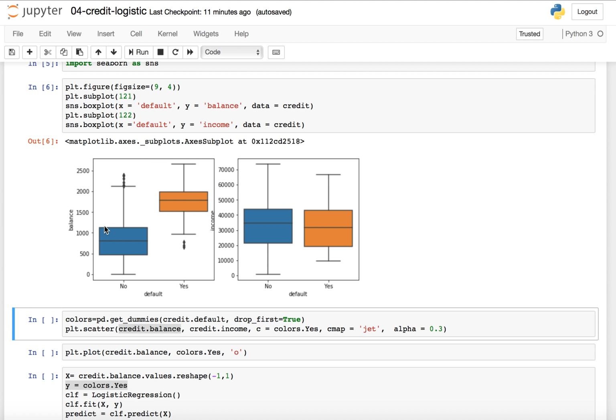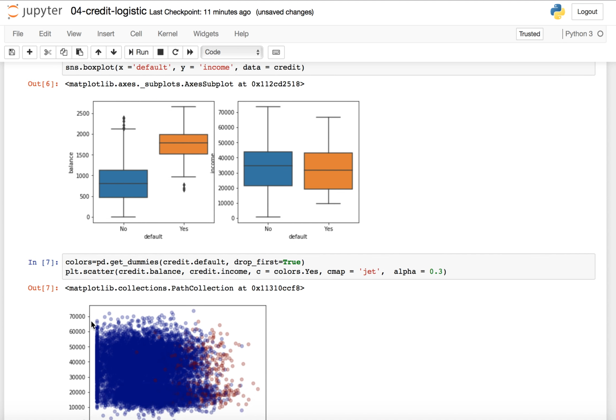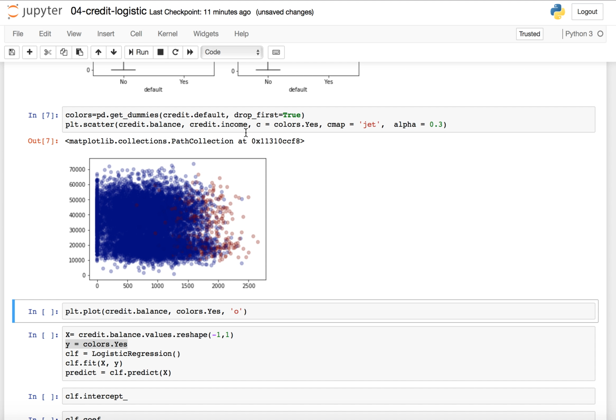But the balance that people were carrying seems to be more indicative of a difference between groups as to whether they defaulted or not. Similarly, we can sketch a plot of both of those variables, balance and income, together and color the points based on default. And we see that the x-axis, which is balance, seems to make a bigger difference in determining the boundary between those groups.